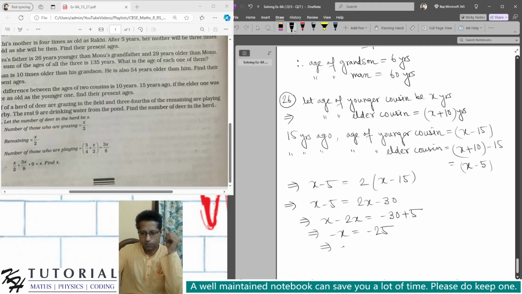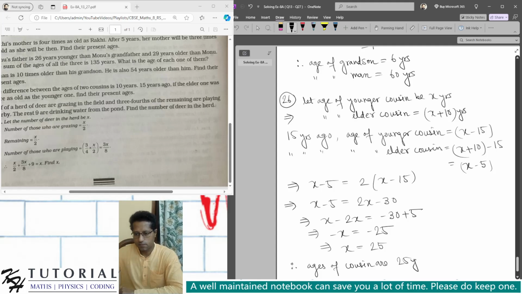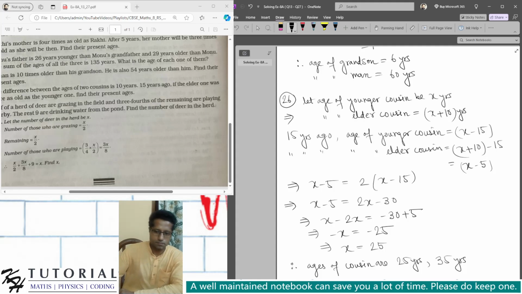So this implies x is equal to 25. So the ages of the cousins are as follows: the age of the younger cousin is 25 years, and the age of the elder cousin is 35 years.